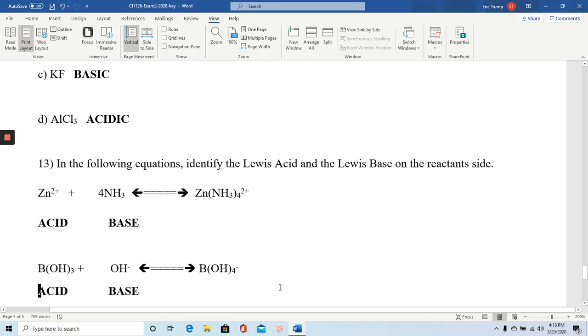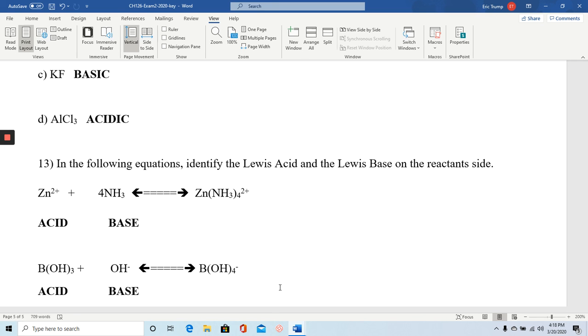Number 13, in the following equations, identify the Lewis acid and the Lewis base on the reactant side. Some things to look for. A Lewis base is an electron pair donor. Remember electrons are negative. So a Lewis base has to be either neutral or negative.